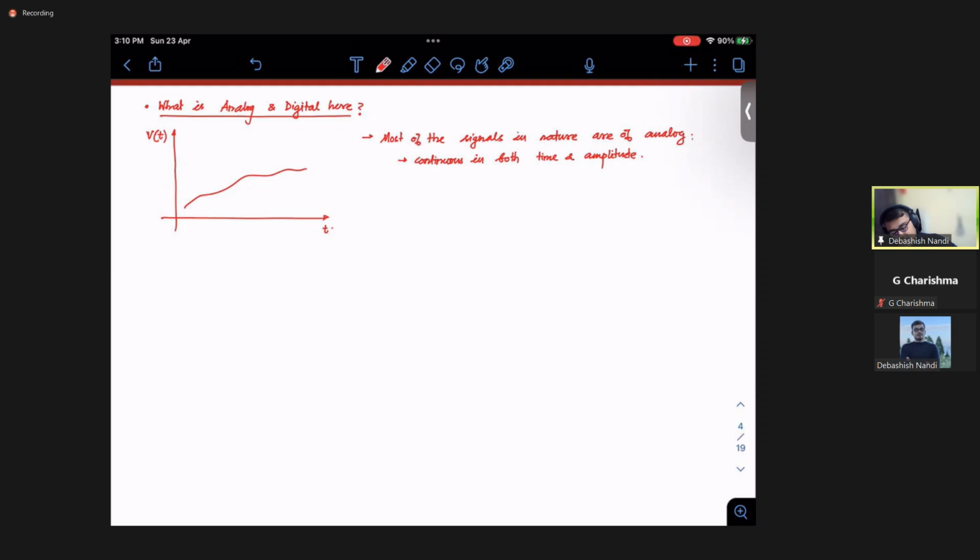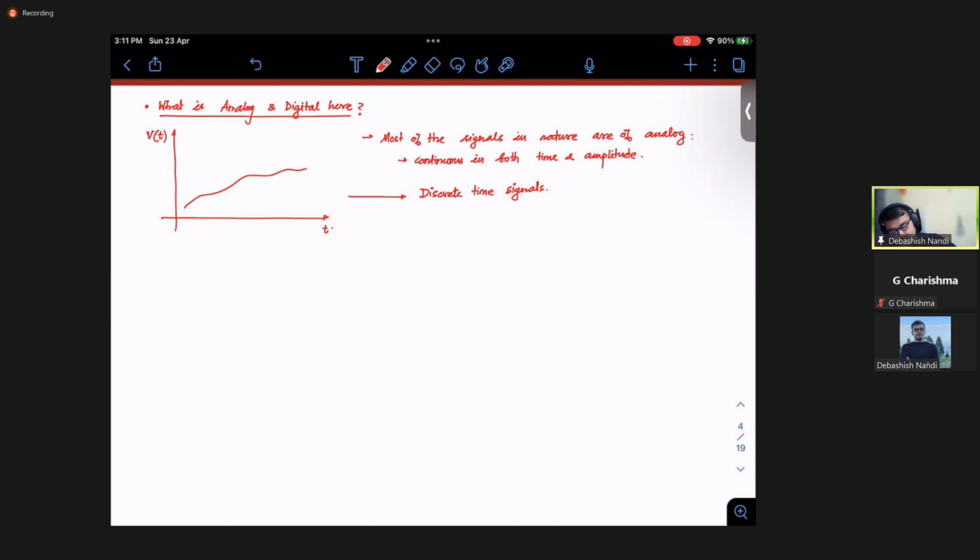So now what about digital signals? After analog signals, you have discrete time signals, right? What does that mean? You sample the time axis at certain intervals and you record the value of the output at that point.